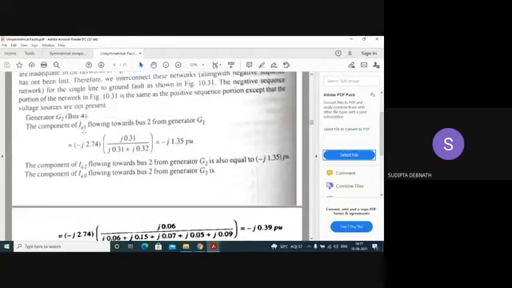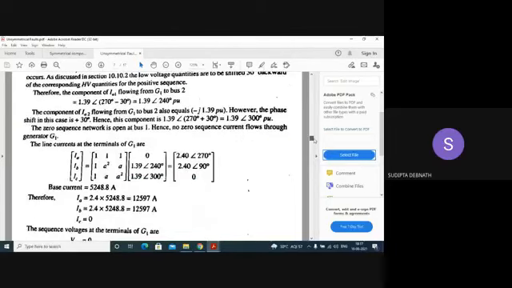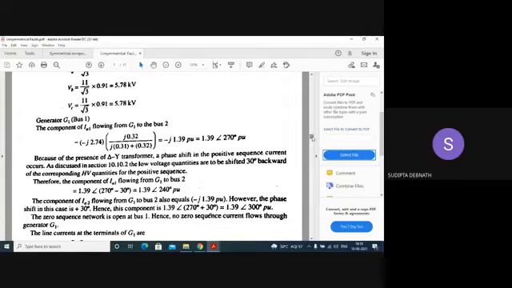This is IA1, that is equal to IA2. So both are same. You have to just add 30 degree and subtract 30 degree. So you can easily find out the positive sequence and negative sequence current values at the delta side of the network.